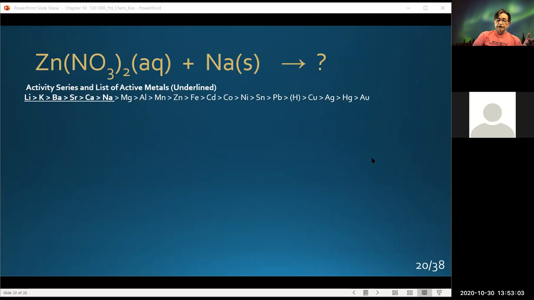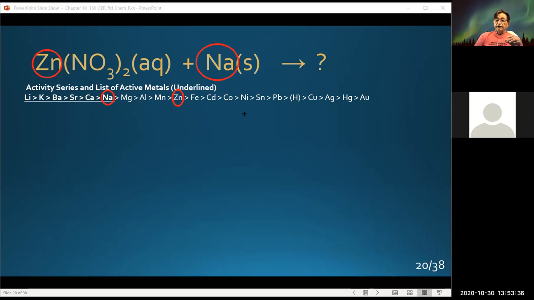All right, so let's try one. We have this reaction where we have zinc nitrate reacting with sodium metal. We first identify the metals, regardless of them being ionic or in elemental form. So we're comparing zinc versus sodium. We go to the activity series, find sodium, and find zinc.